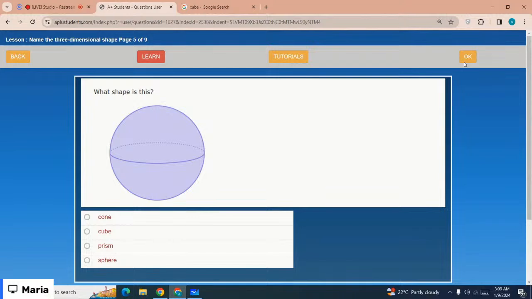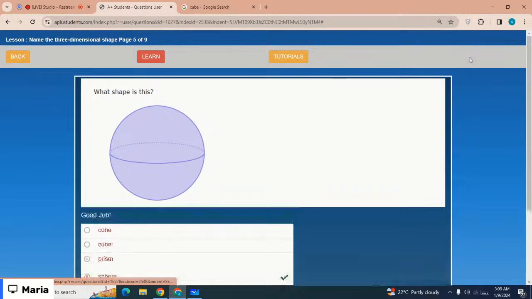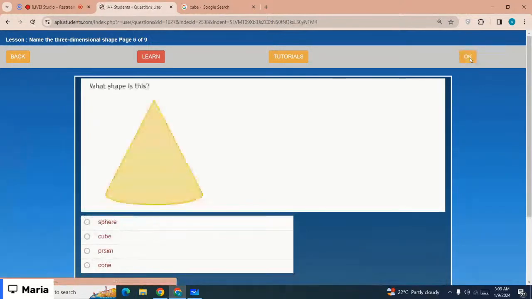Yes, that is again a sphere. The correct option is sphere. Very good. What shape is this?